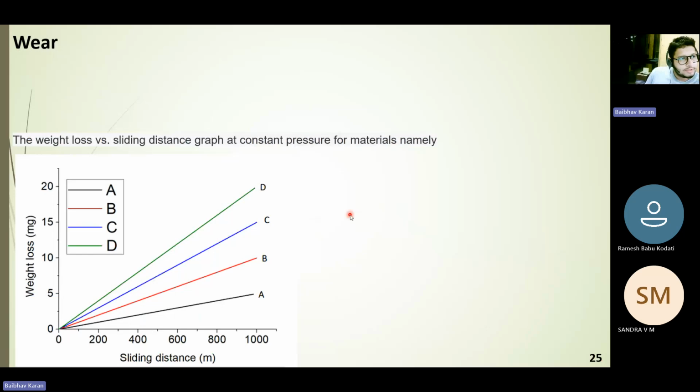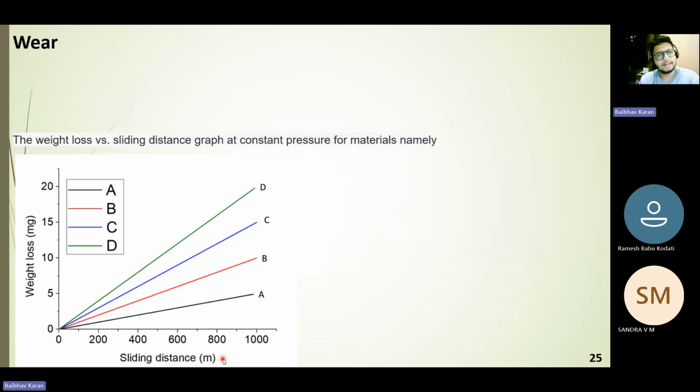As I told you earlier, in wear, the first thing we look into is the weight loss of the material, because the material is wearing out, right? We require the weight loss of the material. And this is plotted against either sliding distance or time. What is sliding distance? Imagine a pin on disk. We are moving the pin on the disk to calculate the wear rate. How much distance has the pin moved?